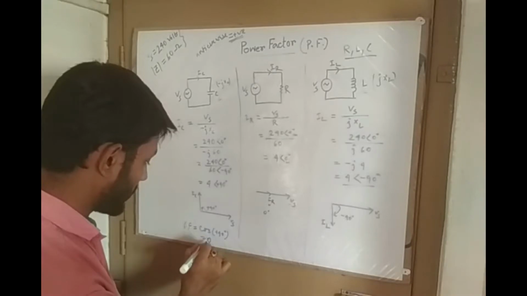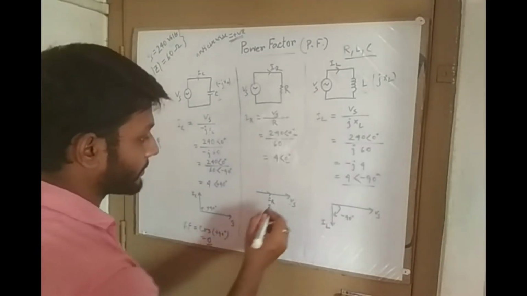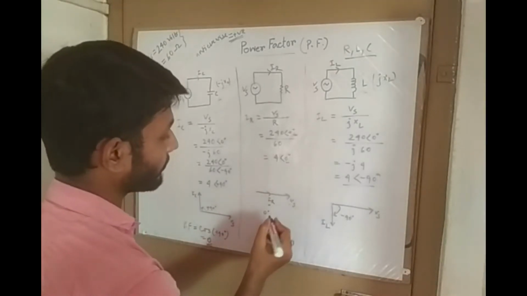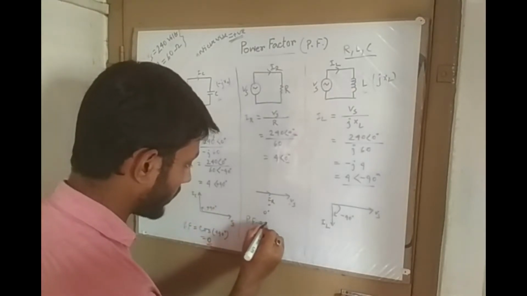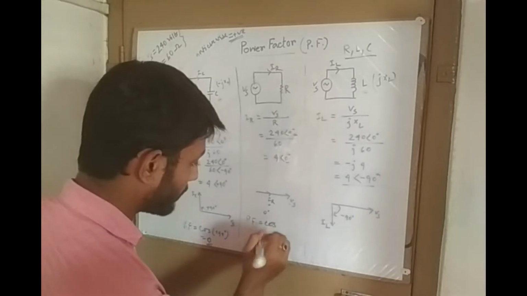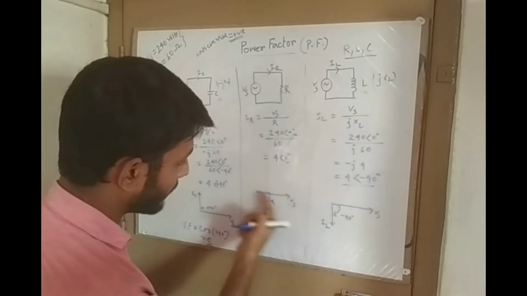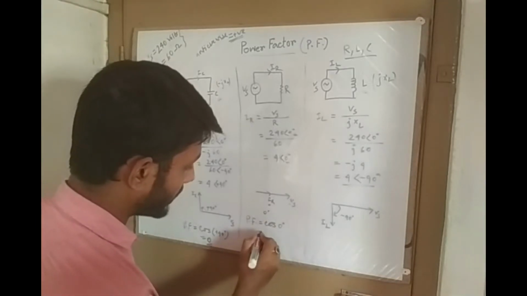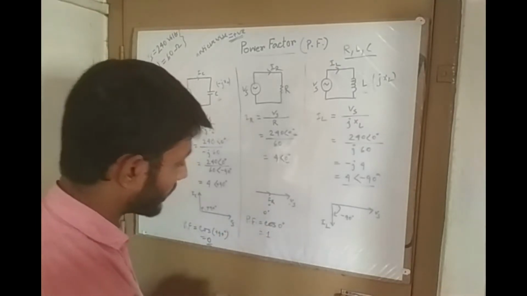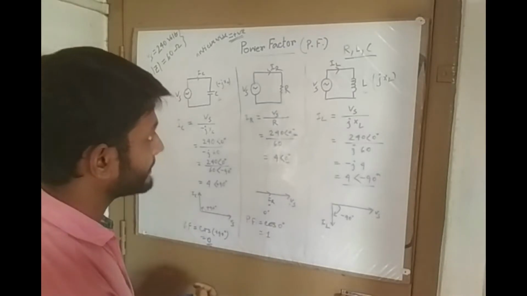So it is nothing but 0 power factor. But for the resistive case, the power factor, cos phi, is the cos of the angle between current and voltage. Here both are in the same phase, so the angle is 0 degree, cos 0 degree is 1. Here the power factor is 1.